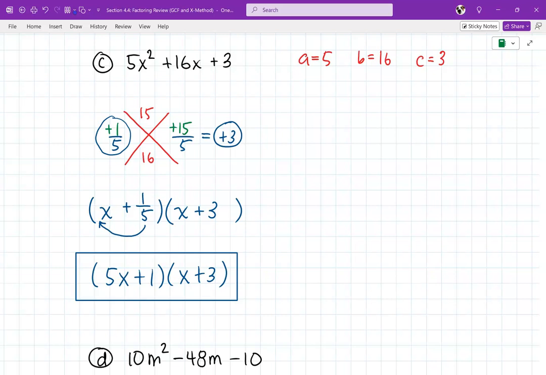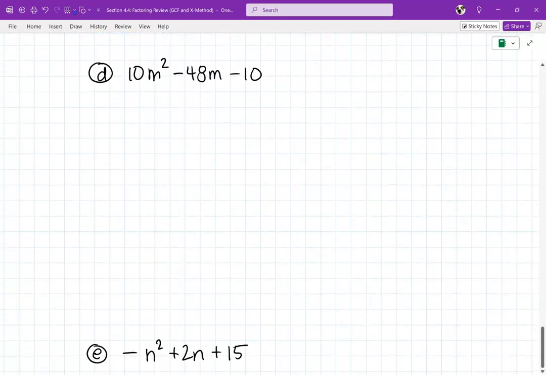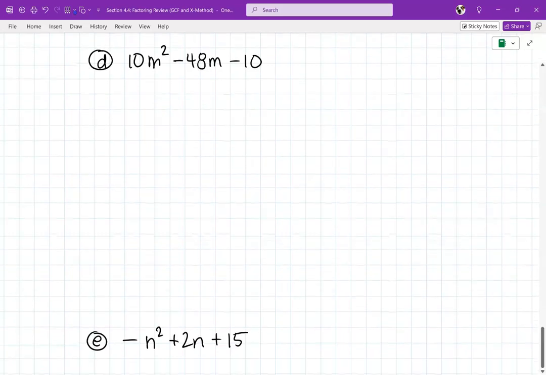Now, part D is, I don't want to say it's tricky, but it's done like this for a reason. Because we can just factor first. I could say A is 10, B is negative 48, C is negative 10. And then when I multiply A times C, I get negative 100, and the numbers start to get really big.